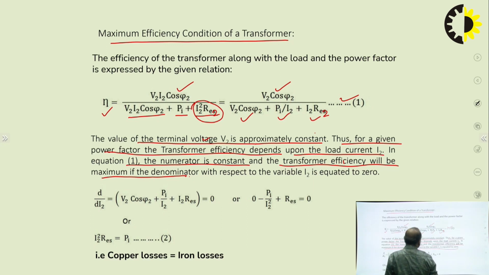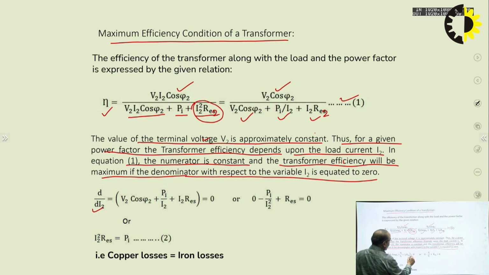So transformer efficiency will be maximum if the denominator becomes minimum. For that, we differentiate the denominator with respect to the variable, the load current I2 in the secondary, and equate it to 0 so that we get the condition for maximum efficiency. So we differentiated the denominator, V2 cos phi 2 plus Pi upon I2 plus I2 into RE2, with respect to I2, and equated it to 0.